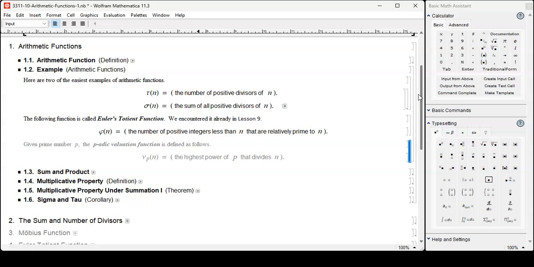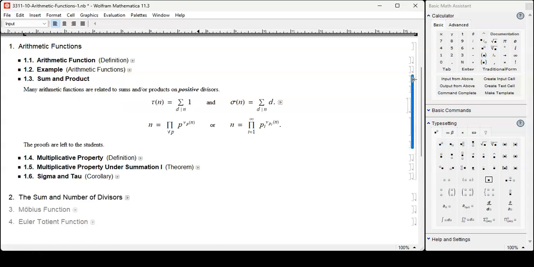Let's see, do we have enough time for one more? Sum and product. Okay, all right. Tau of n, which is the number of positive divisors of n, can be written as a sum of ones.